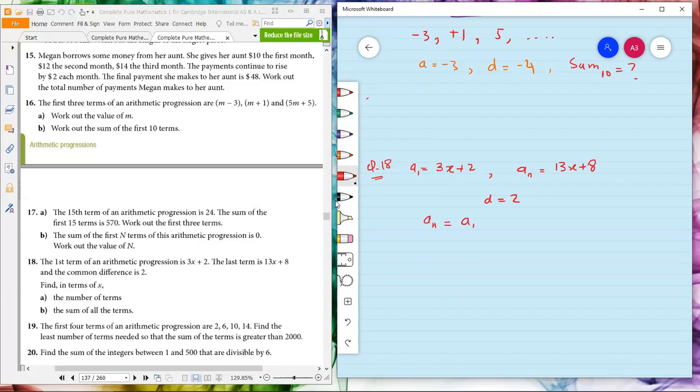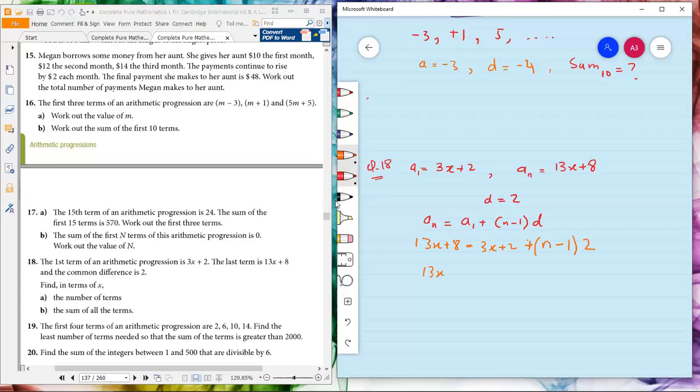Just use the formula: an is equal to a1 plus n minus 1 into d. Now put in all these values. An is equal to 13x plus 8, a1 is 3x plus 2, plus n minus 1, where n is not known, and d is equal to plus 2.